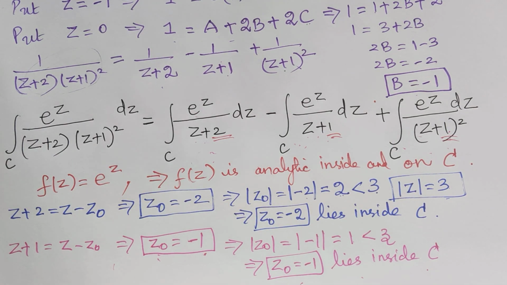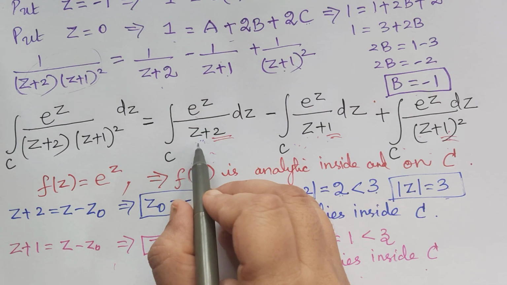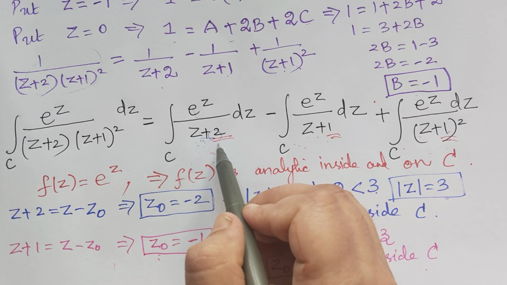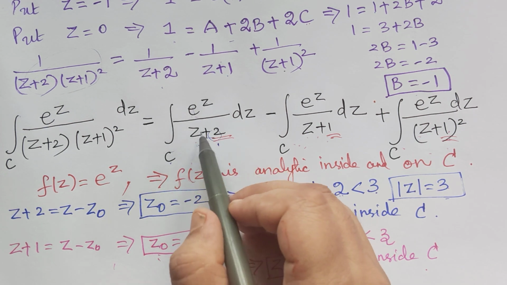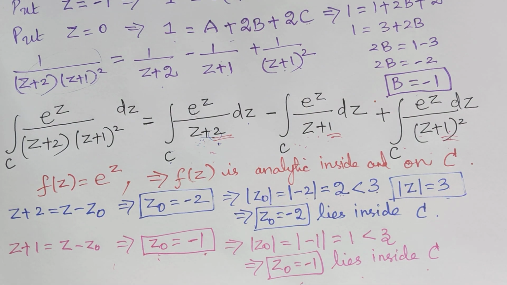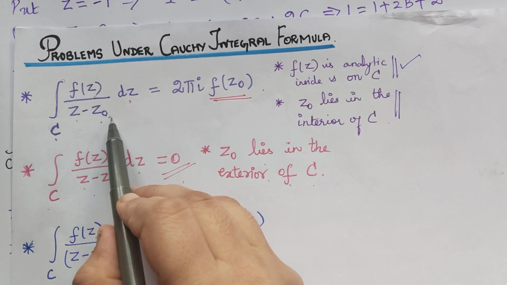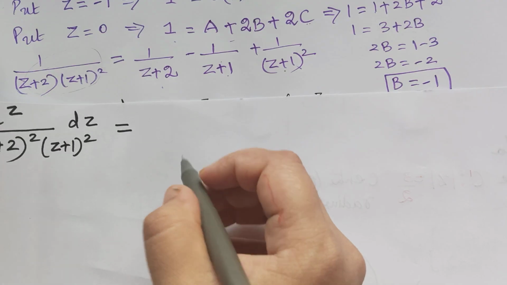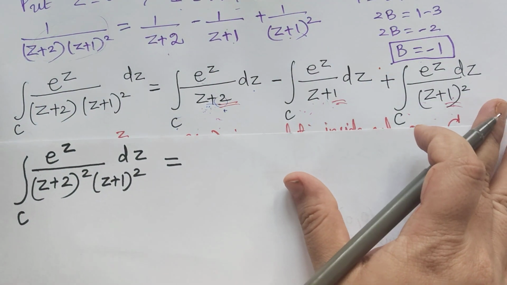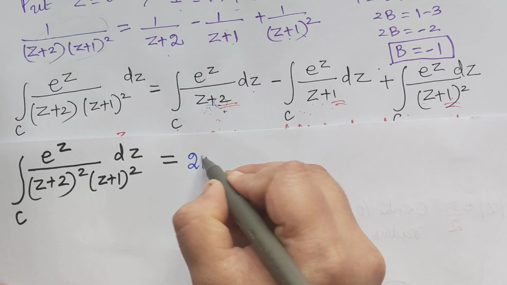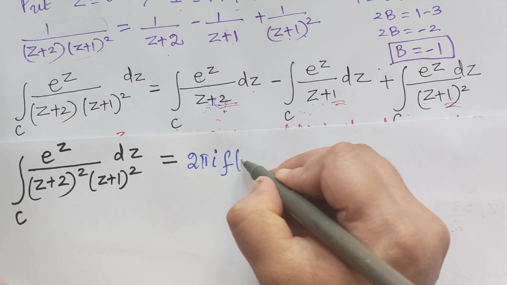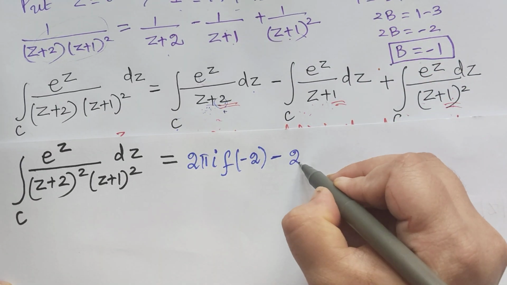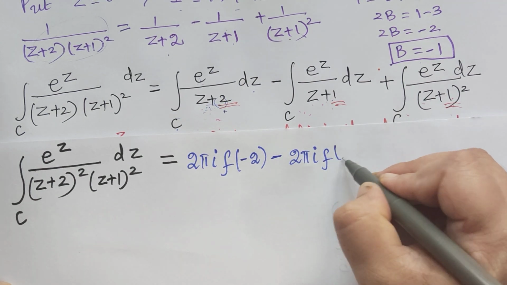When we apply the Cauchy integral formula, f of z is analytic and z naught lies inside the circle, so the integral over C of e power z by z plus 2 dz can be written as 2 pi i f of z naught. The first integral is 2 pi i f of z naught, where z naught is minus 2, minus the second integral, which is 2 pi i f of z naught, where z naught is minus 1.